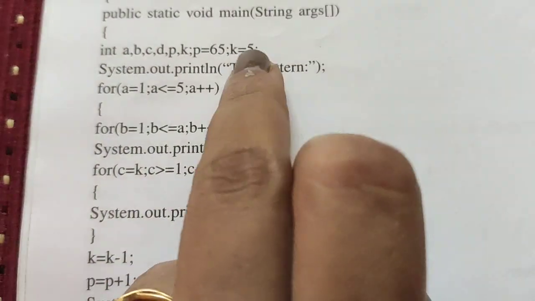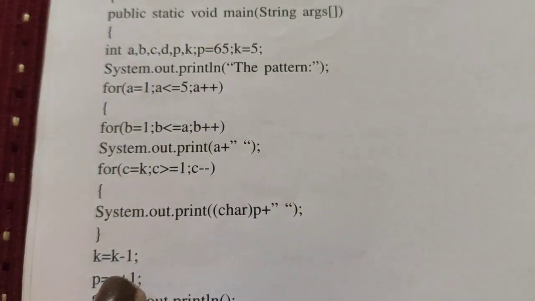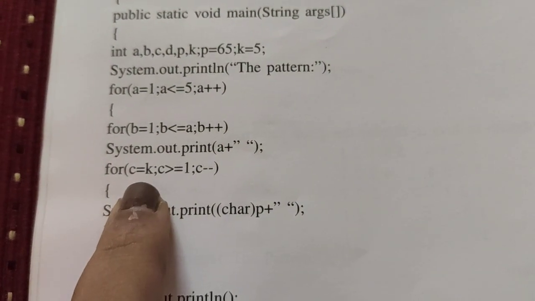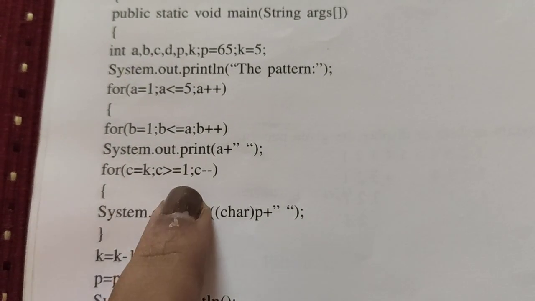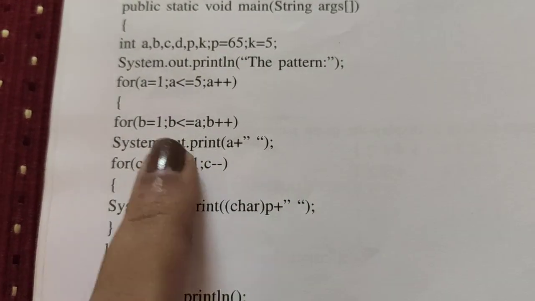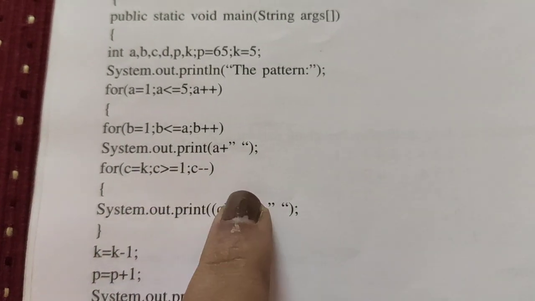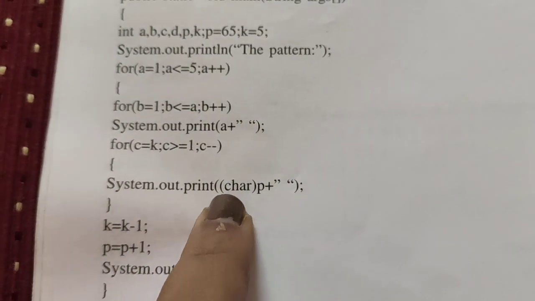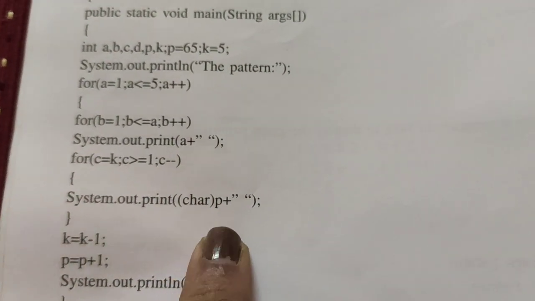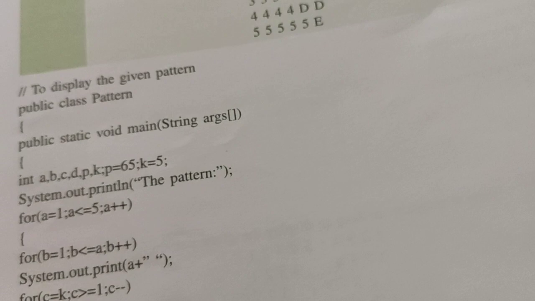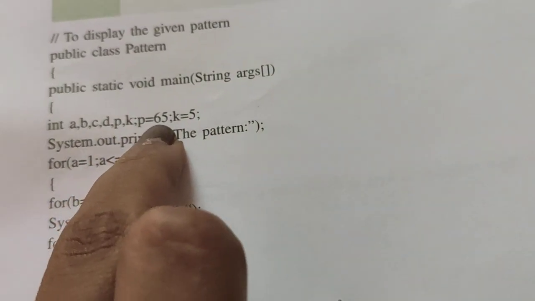For c is equal to k, already k has been initialized to 5, and c is greater than or equal to 1, so that you get 5 times, and c minus minus. So System.out.println, see here they have given (char) p. P's value we have initialized to 65.